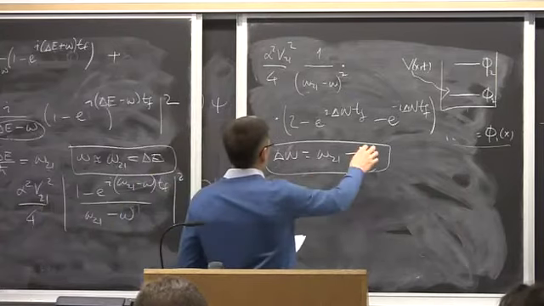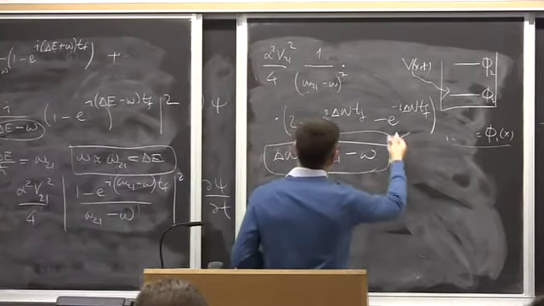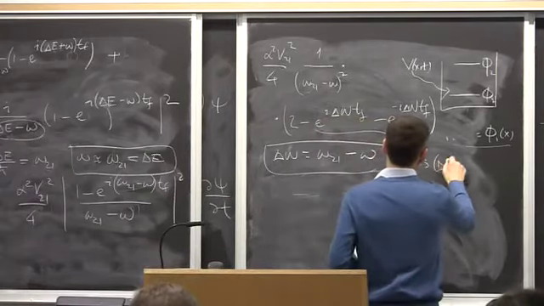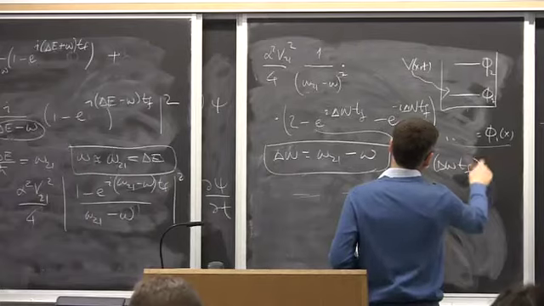And so from here we can see that what this is essentially 2 cosine of delta omega f.